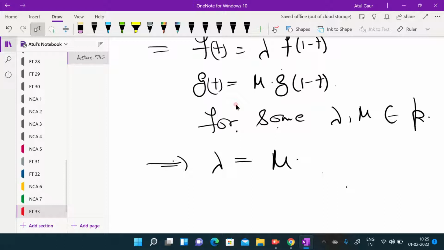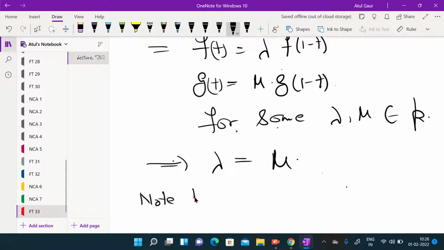Is that fine? Roots are occurring in pairs, and that simply means the degree of f(t), or what you call g(t), both must be even degree polynomials. Both degrees cannot be odd. Is this all right? Yes, sir.